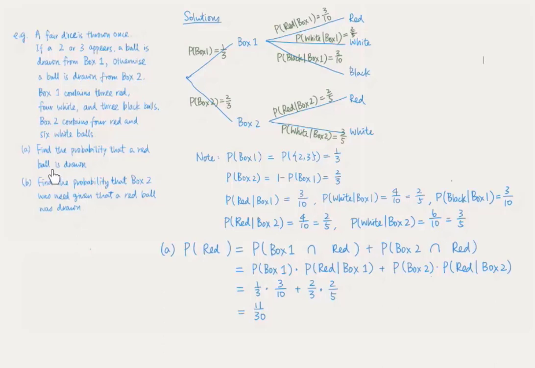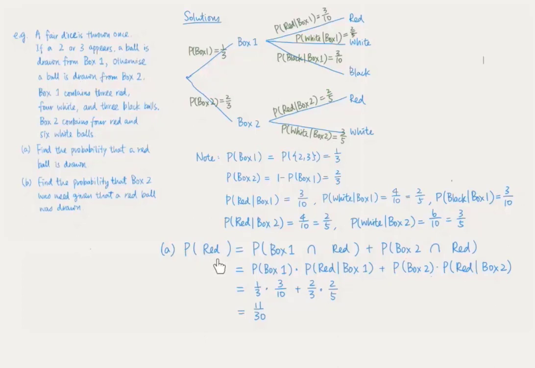Now, if we want to find the probability that a red ball is drawn, then it can either be drawn from box 1 or it can be drawn from box 2. Therefore, the probability that a red ball is drawn is the sum of the probability that the red ball is drawn from box 1 and the probability that a red ball is drawn from box 2.